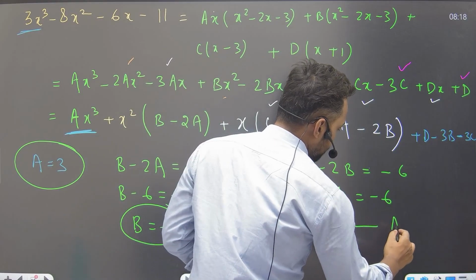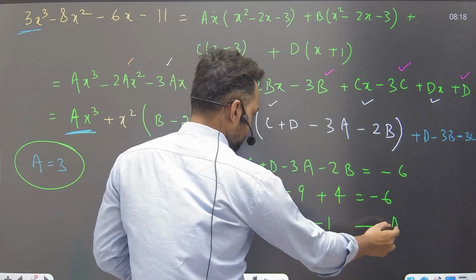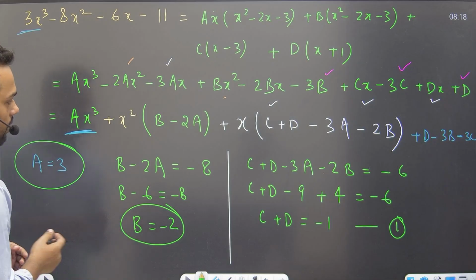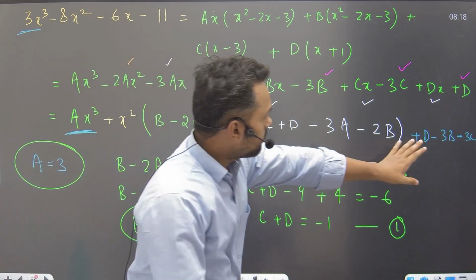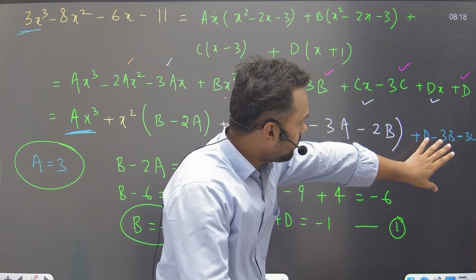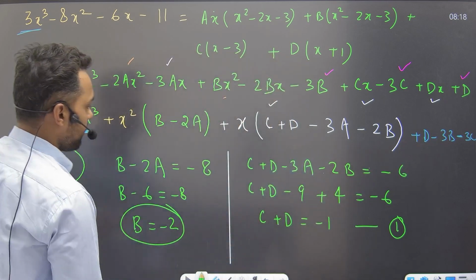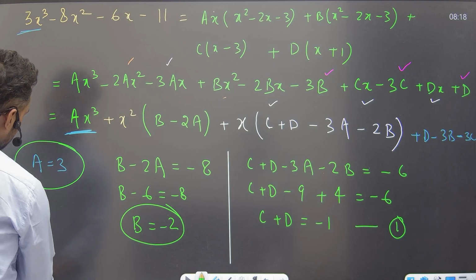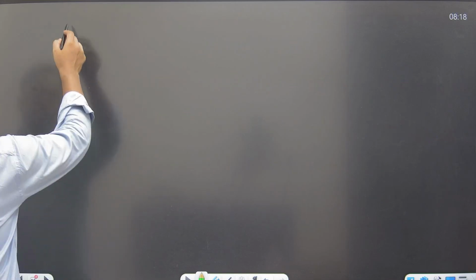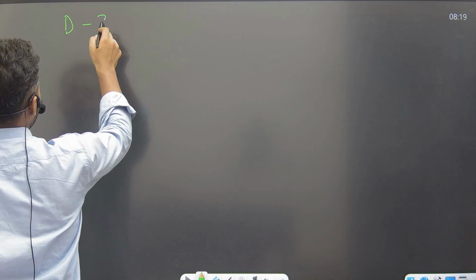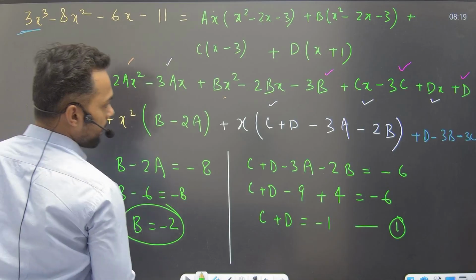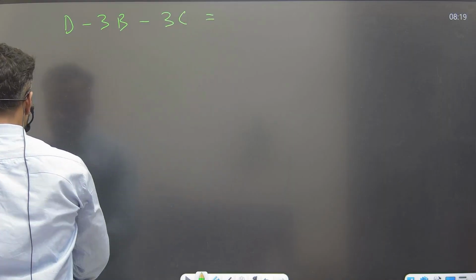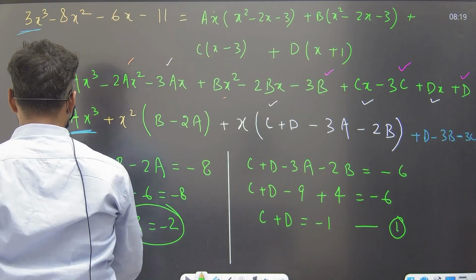Consider this as equation number 1. Similarly, see the constant terms on the left hand side and the right hand side. On the right hand side it is d minus 3b minus 3c, and on the left hand side, students, it is minus 11.